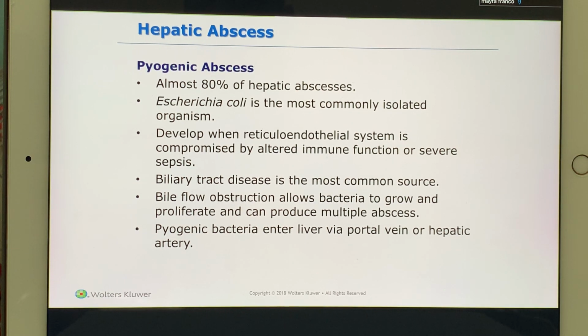So pyogenic bacteria enter the liver via the portal vein or the hepatic artery. How this happens, the portal vein: we eat.